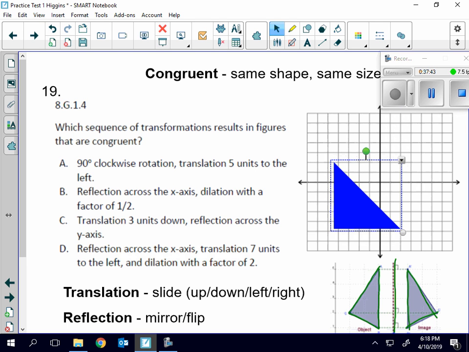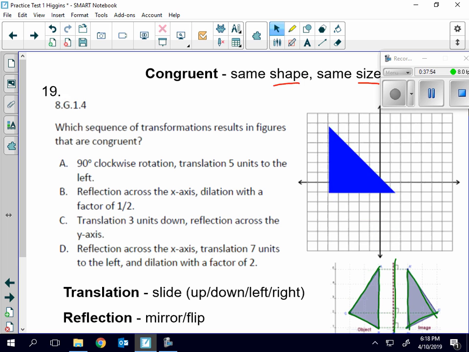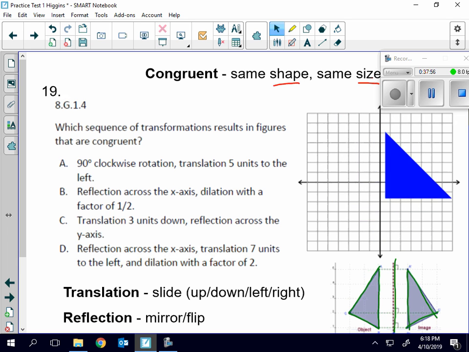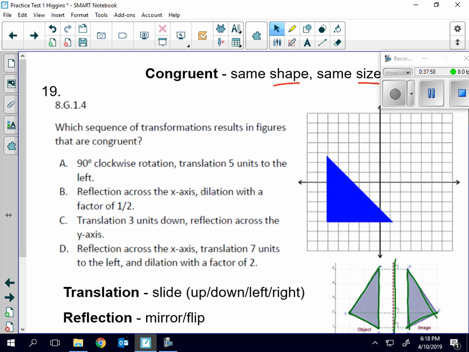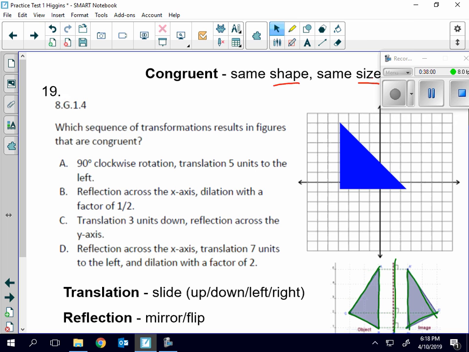So which of these transformations results in figures that are congruent, meaning it will still be the same shape and the same size? Well, when I did this, did it change the shape? Did it change the size? Nope. When I flipped it in this picture right here, did it change shape or size?